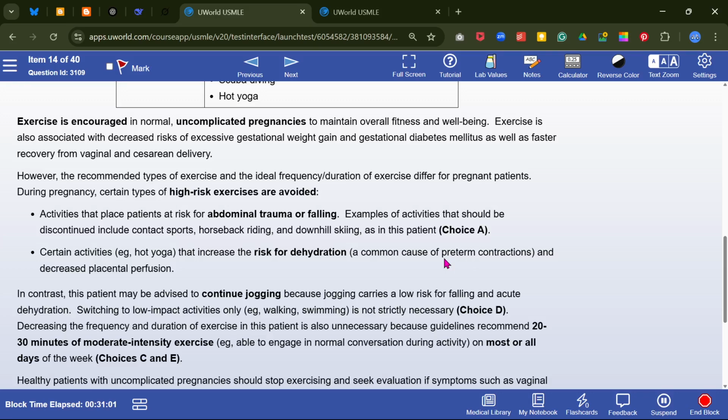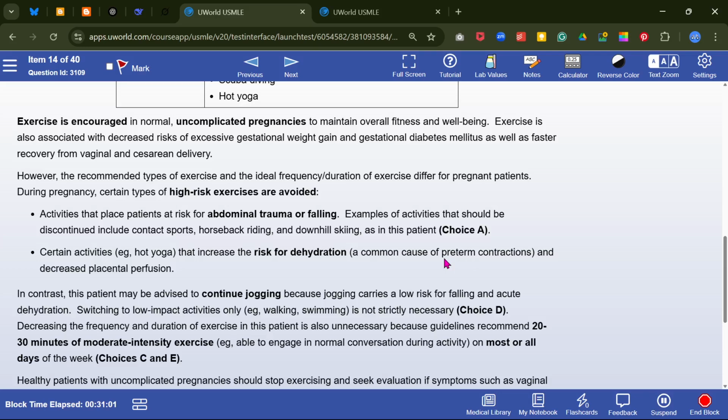In contrast, this patient may be advised to continue jogging because jogging carries a low risk for falling and acute dehydration. Switching to low impact activities only, swimming, walking, is not strictly necessary.